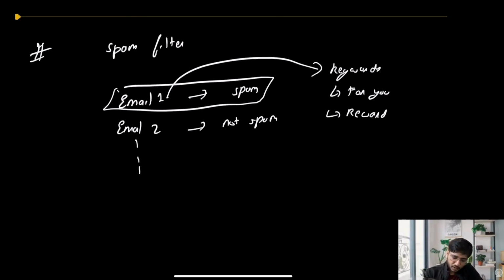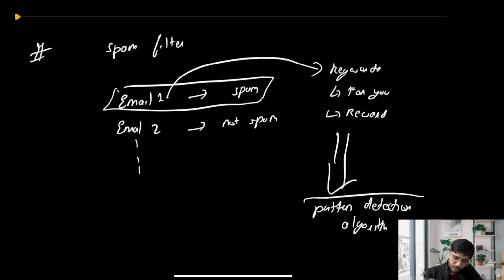Now you will feed these keywords into a pattern detection algorithm. This pattern detection algorithm will search for the keywords you have found in new emails.